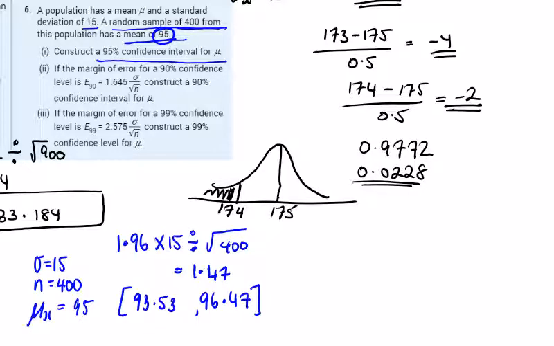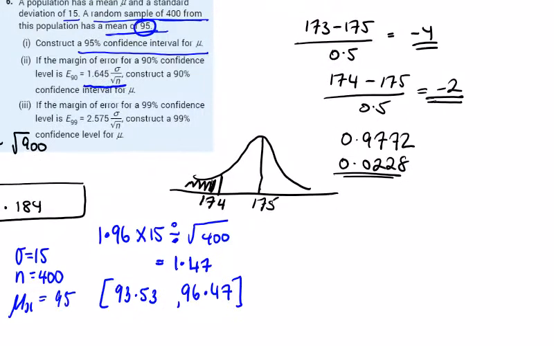If the margin of error for a 90% confidence level is this, construct a 90% confidence interval. Well, this is just more maths here, isn't it? 1.645 by 15 divided by 20. So we're getting 3/4 of 1.645.